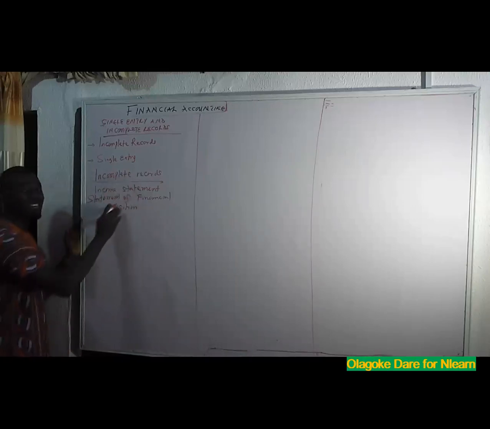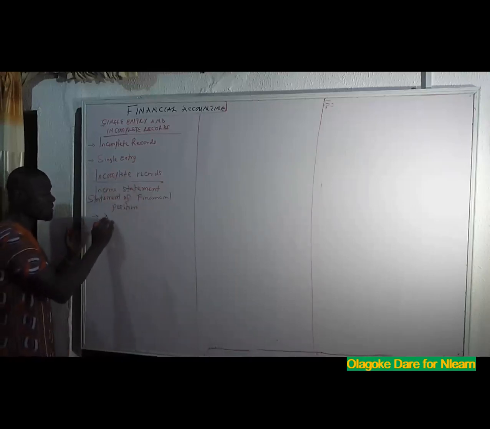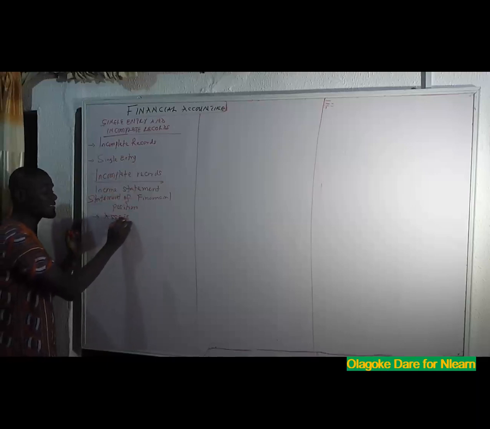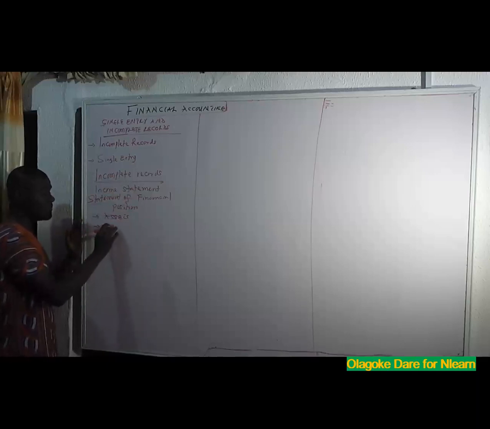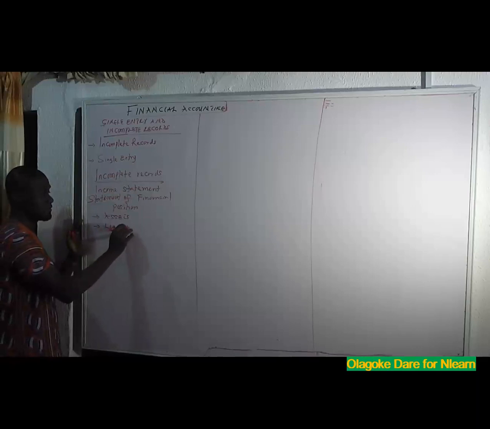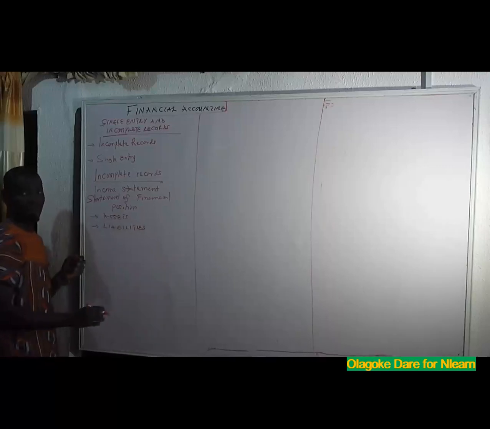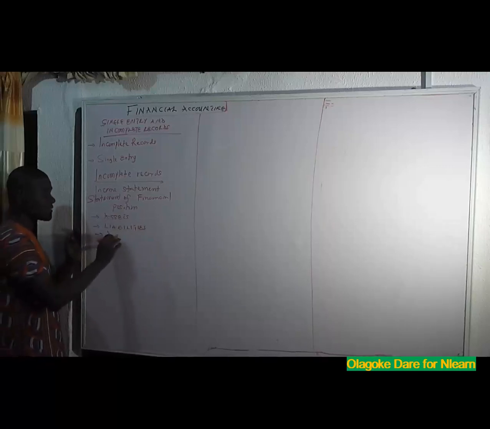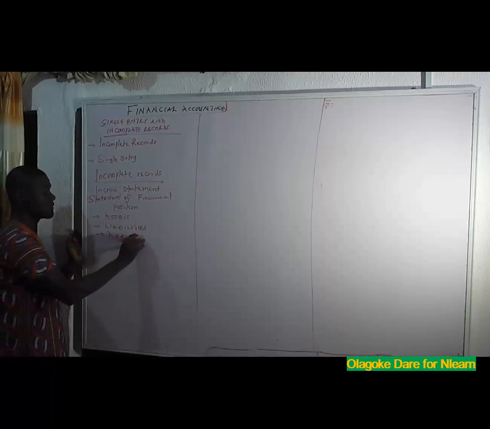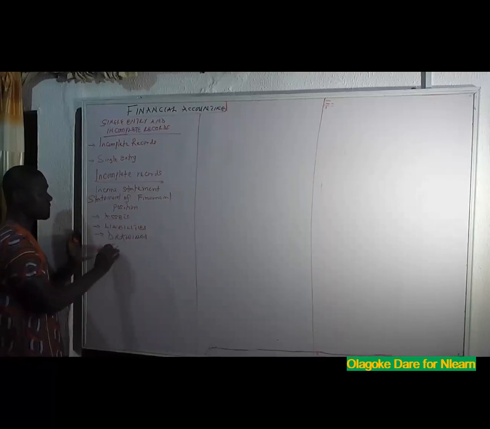Information available in incomplete records will relate to assets, liabilities, drawings, capital.